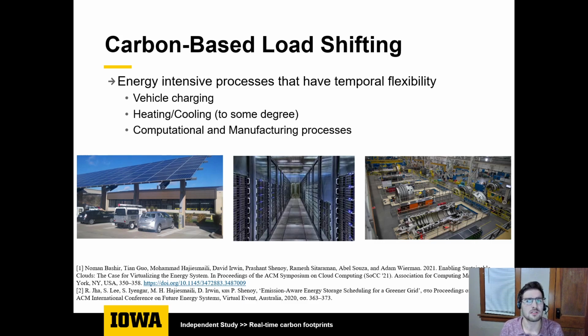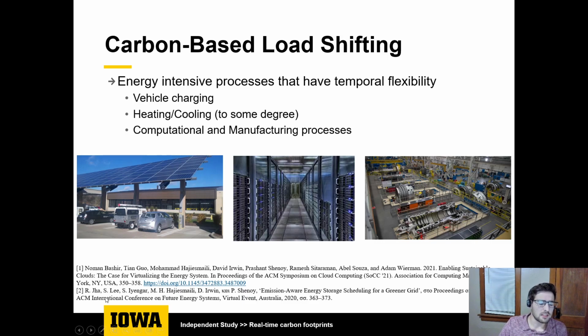Heating and cooling is also technically possible, where if a building needs to cool, but there's some flexibility, maybe it can wait 30 minutes to cool, then perhaps, if you have a lot of solar on campus, maybe right now it's cloudy, but 30 minutes from now it'll be sunny, and maybe weather models can predict that. And if you cool the building 30 minutes later, you might save on your carbon impact.